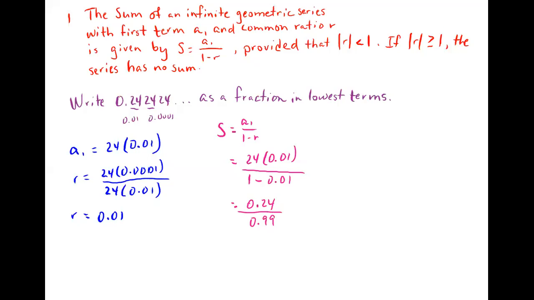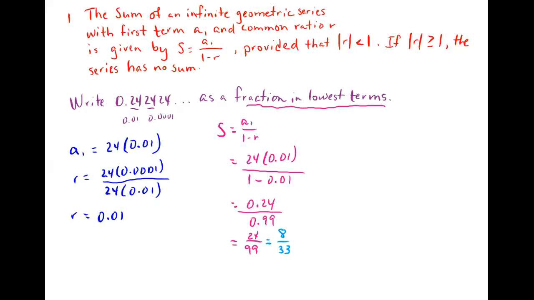So I get 24 divided by 99, but it says a fraction in lowest terms, so I'm going to reduce my fraction by dividing by 3: 3 goes into 24 8 times, and 3 goes into 99 33 times. And there you have it.